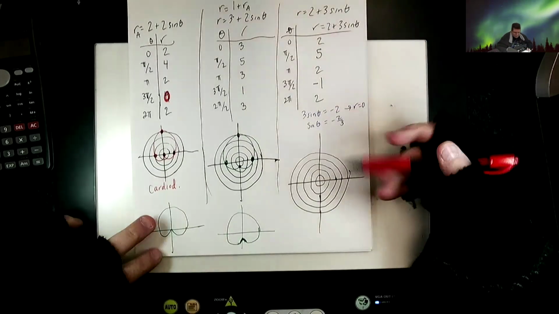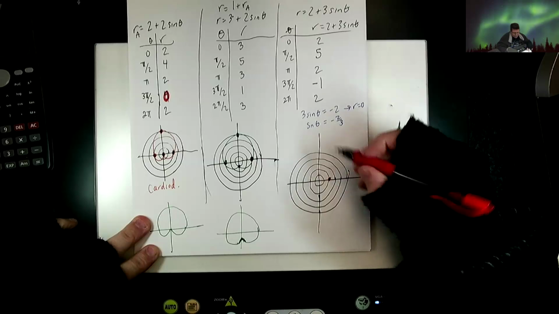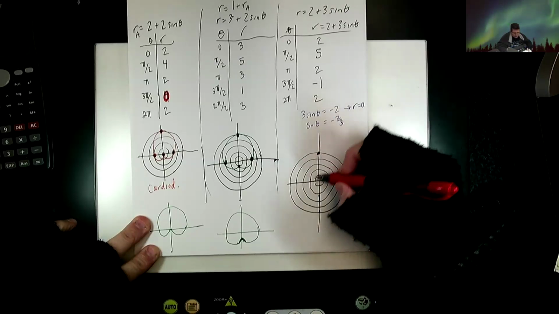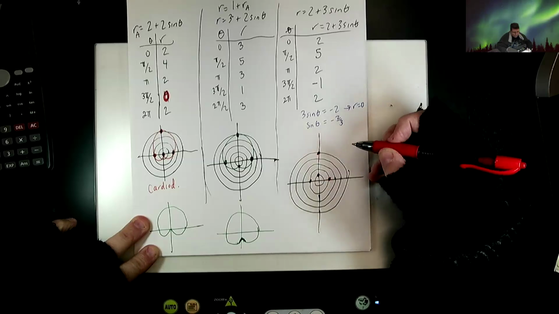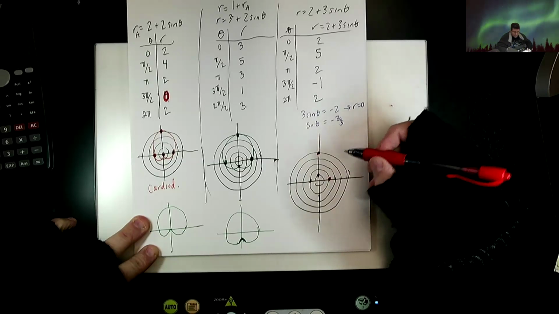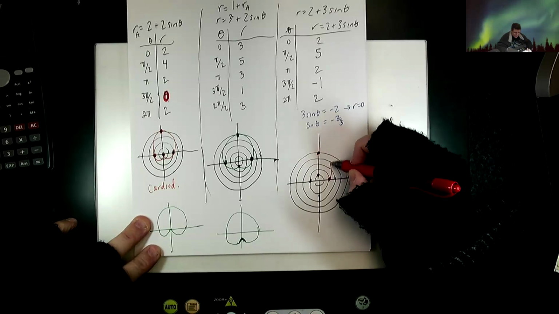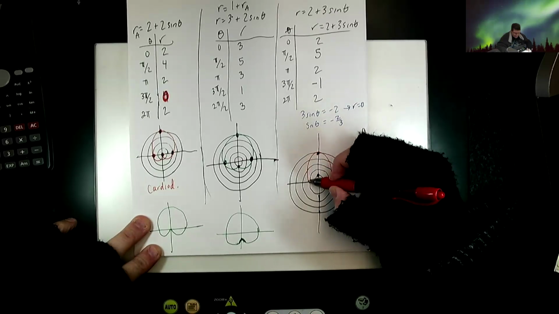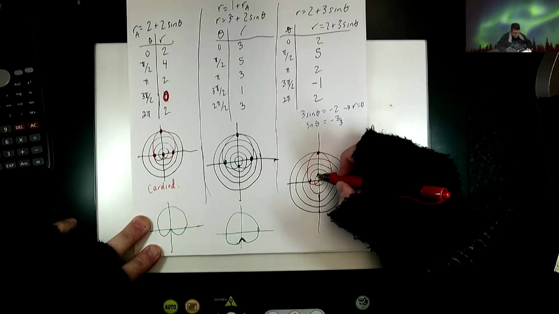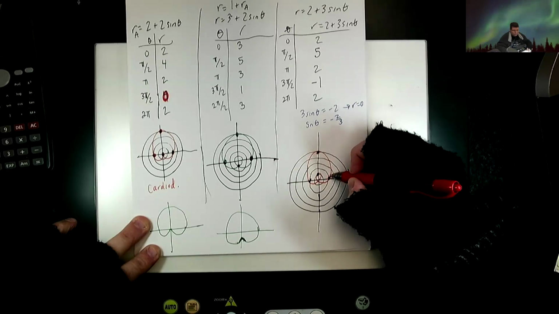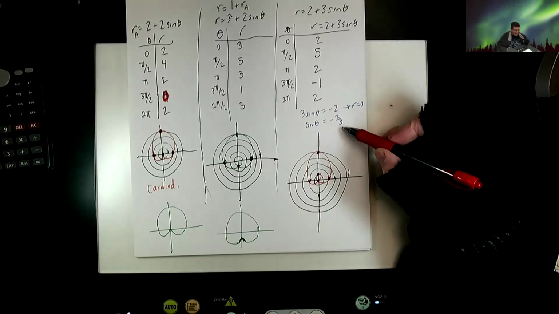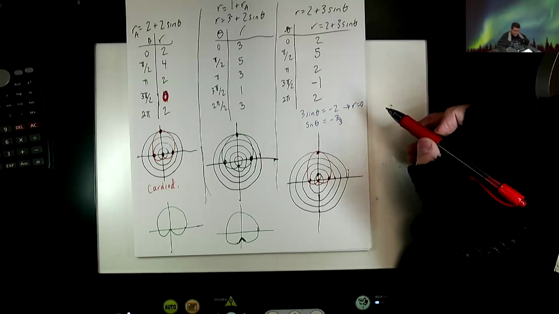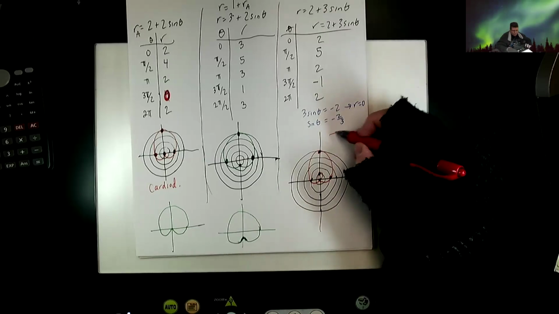We've got 2 on that one, 5 on this one, 2 on this one. We got a -1. It's doing this. At some point it hits 0 and comes in like that and does an inner loop. We know it hits 0 somewhere. Sine theta is going to be -2/3 at 2 spots. So this makes the inner loop one.